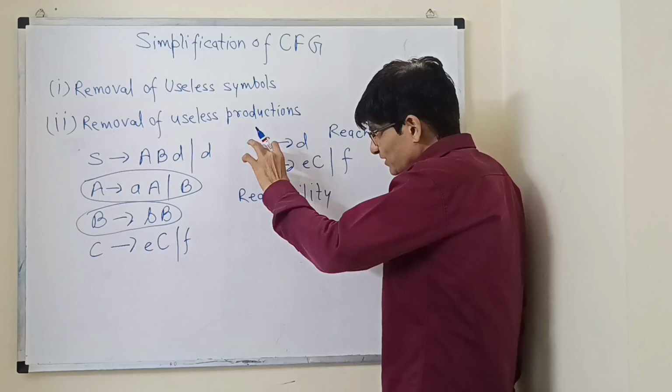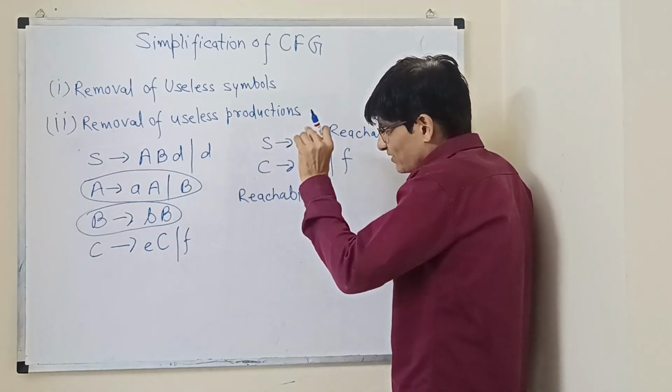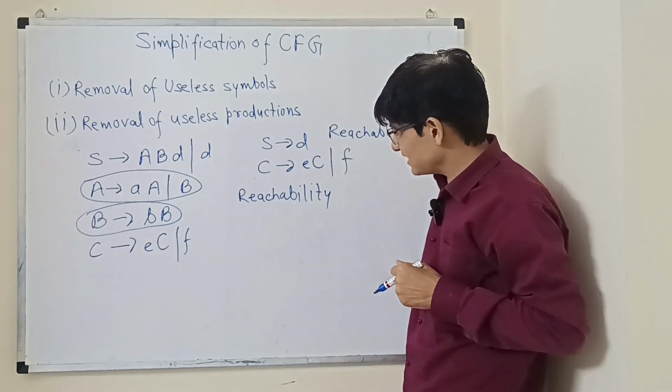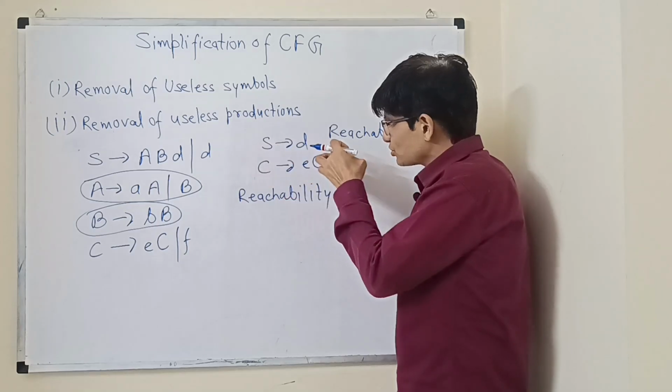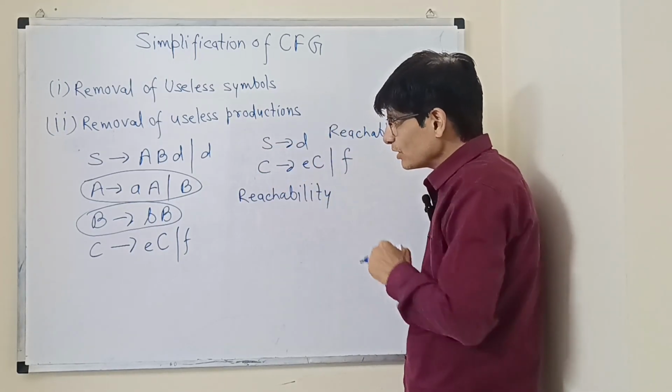Now in this particular grammar, after removing A and B, we have only two variables. One is S, other is C. So out of these two, S is reachable. Now is C reachable or not?